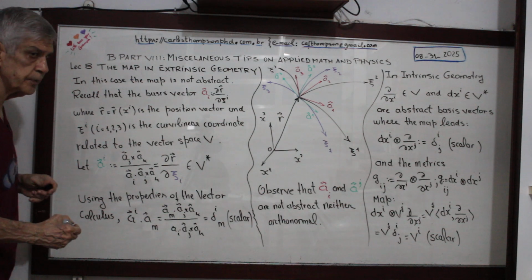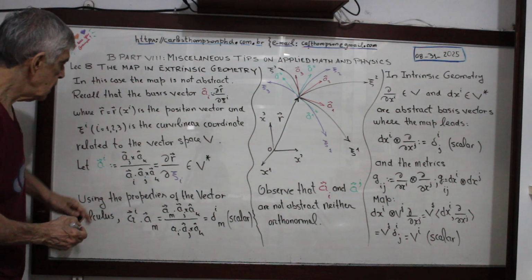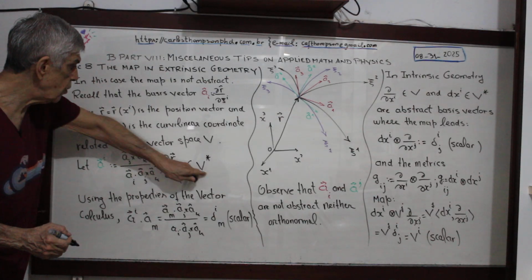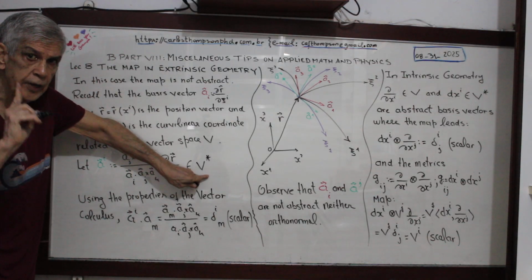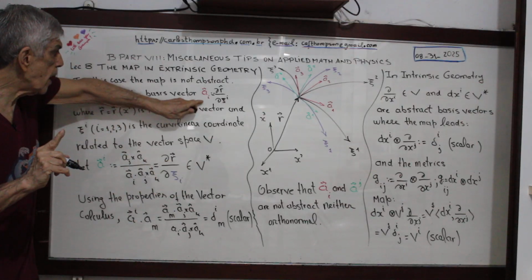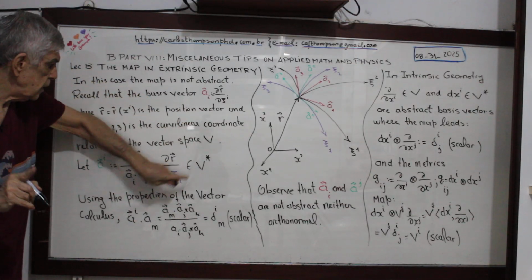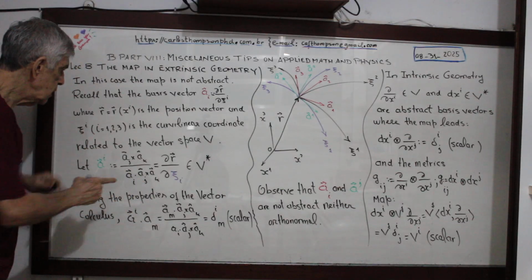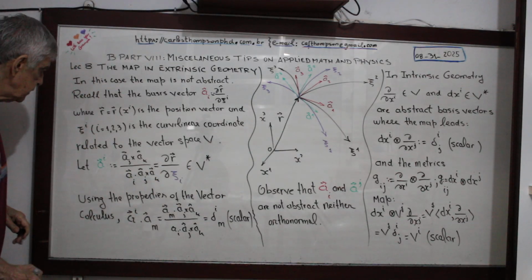Dot here means the dot product. So this partial derivative belongs to the dual vector space. Attention here, okay? a_i belongs to the vector space, and this vector a^i belongs to the dual vector space.